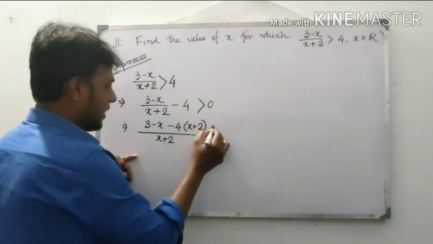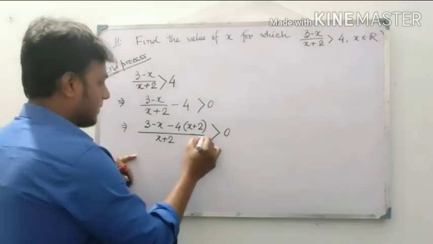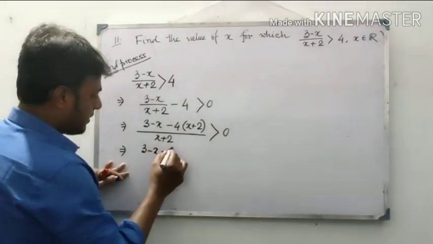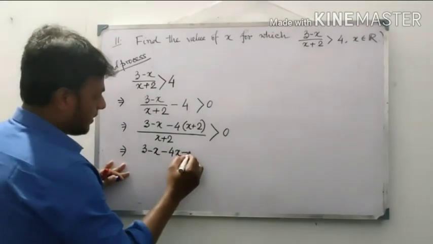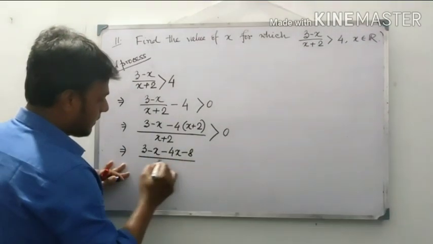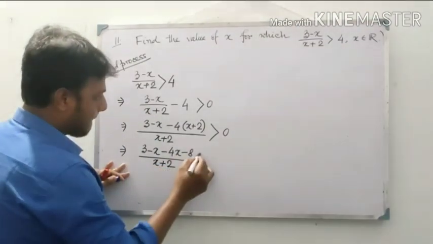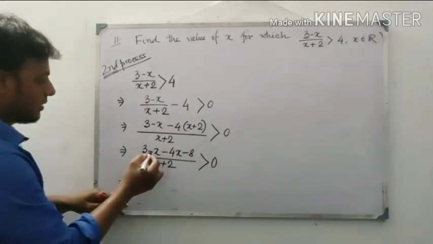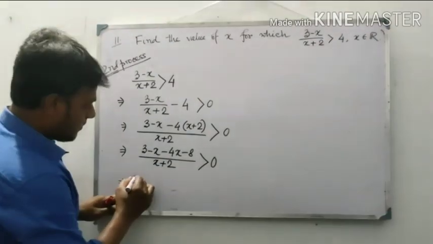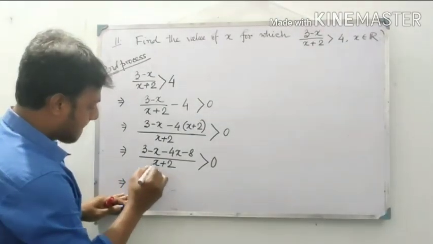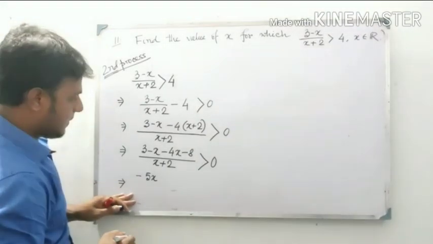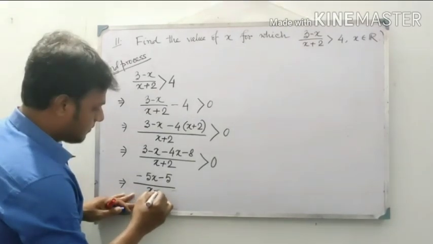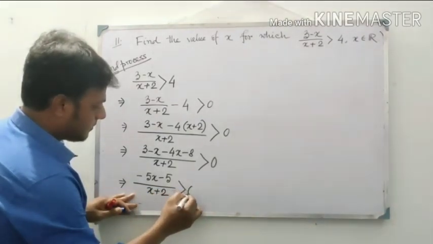Hope you understand all this calculation. Okay. Now 3 minus x minus 4x minus 8 by x plus 2 greater than 0. Okay, after this, what? Minus 5x, yeah, minus 5x minus 5 by x plus 2 greater than 0.